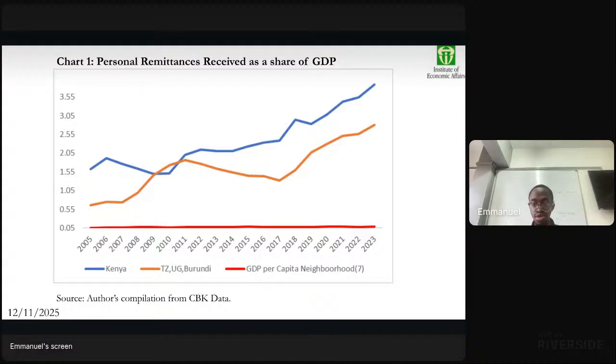Now, first let me explain the red line. What countries are represented here? These are the countries that were in Kenya's GDP per capita neighborhood in the early 90s. They include Vietnam and Thailand and Cambodia, just to name three. So the average income in these countries was the same as Kenya's was in the early 90s, right?